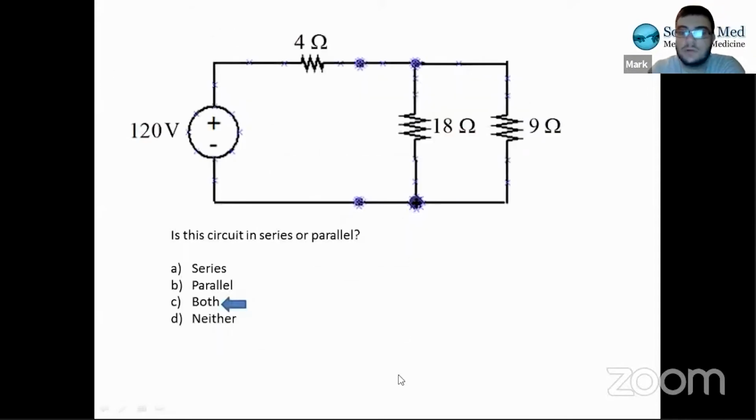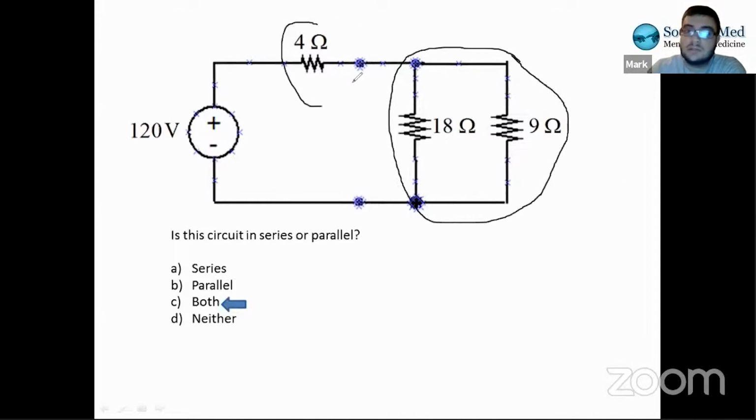Somebody asked if you could have done it differently, and no, I'm pretty sure it doesn't work, but the reasoning behind it is these two together aren't parallel. So in order to consider this in series to something, it has to be this whole circle. So this circle and this circle have to be added together, right? You can't add this circle to a part of this circle and then do it that way.